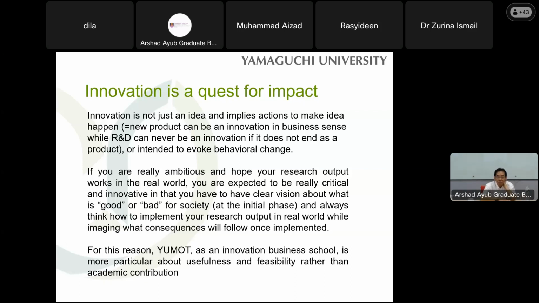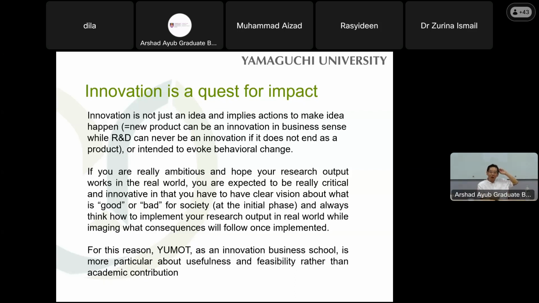So if you are really ambitious and hope your research output works in the real world, you are expected to be really critical and innovative in the sense that you have a clear vision about what is good or what is bad for society.